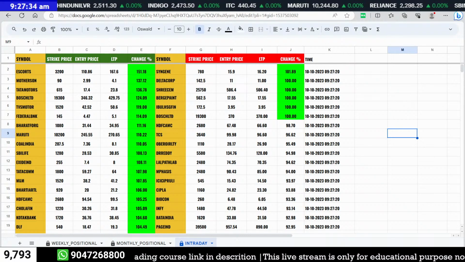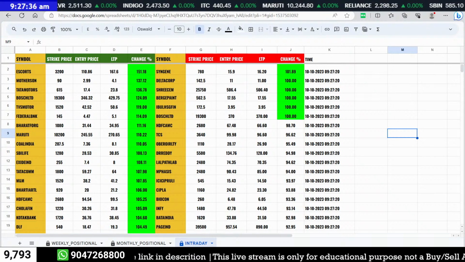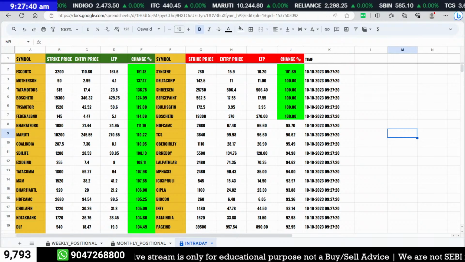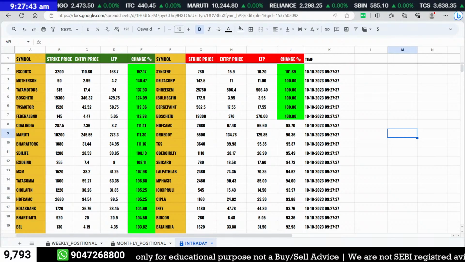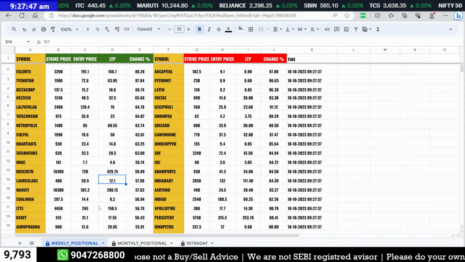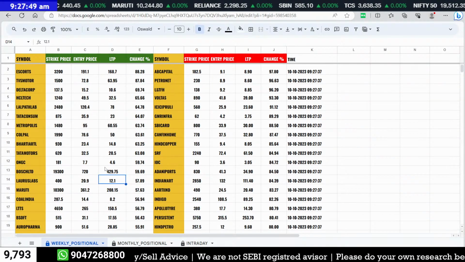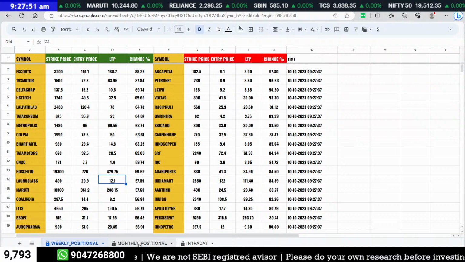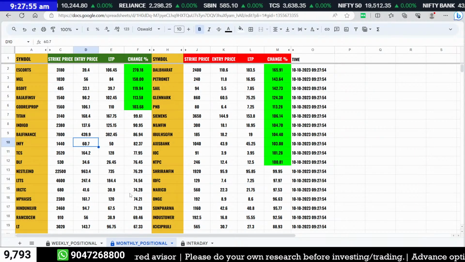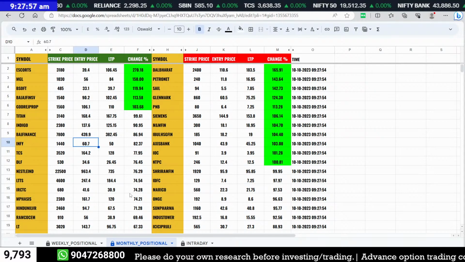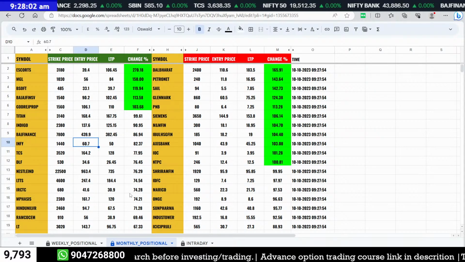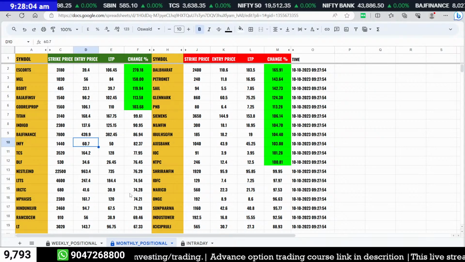So a lot of stocks have gapped up and triggered, and we need to find a fresh breakout. So that is for intraday, if you are looking for an intraday opportunity. And if you are looking for positional, we can look at this month. As of now, we don't get many positional trades. This is weekly positional, and on monthly positional, we have some stocks like Godrej Properties, Bajaj Finserv, and Titan, and IRCTC also triggered. So right now it is at a lower level than our entry point.